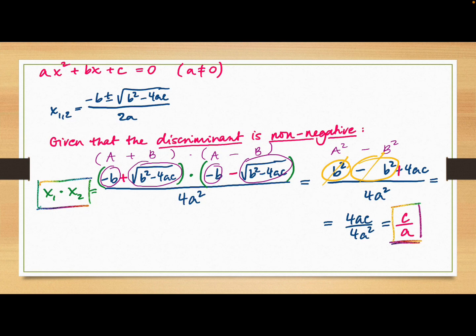So again, we have gained a simpler formula for how we can work out the product of the roots of a quadratic equation. And that's going to be dependent on the constant term and the coefficient of x squared. So c and a. And again, we have to point out that a is not 0 and the discriminant of the equation is non-negative.